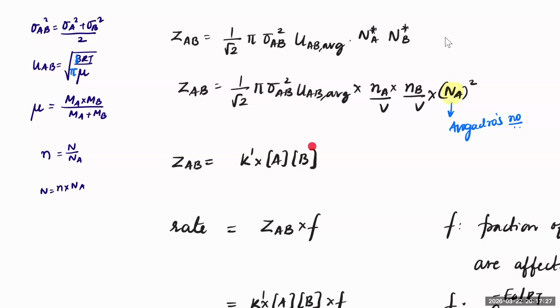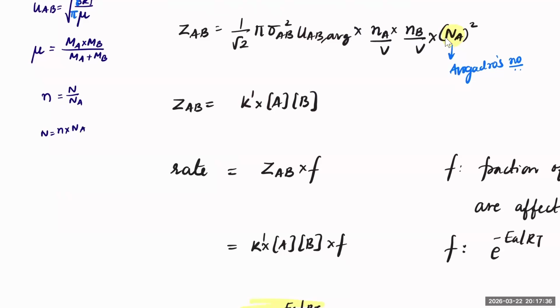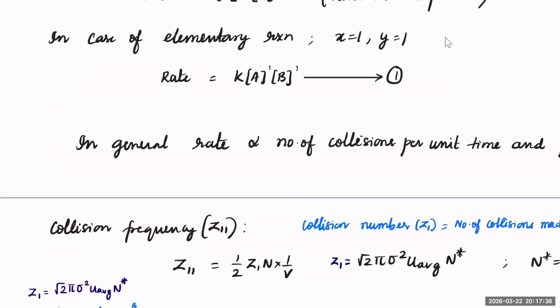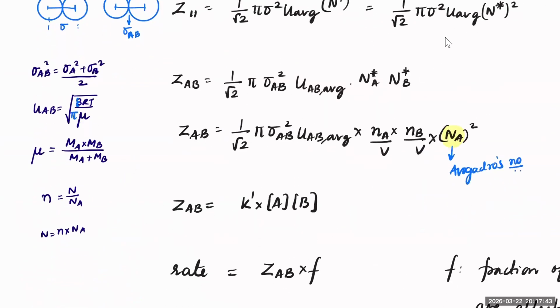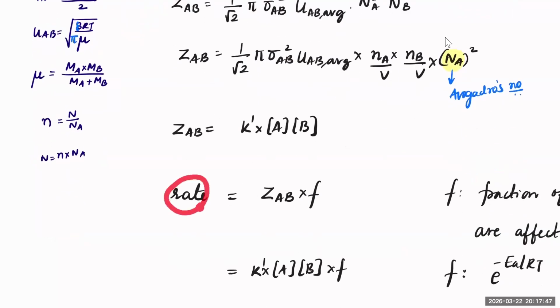And that entire thing, if you multiply that, we get K dash into concentration of A into B. So if you compare the rate law expression, which is K into A into B, now compare the same thing here also, because rate is basically directly proportional to ZAB.